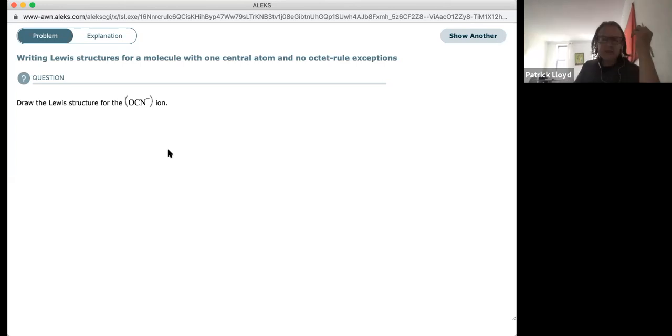This one's OCN minus. I'm not even sure what the name of that ion is. OCN minus. So see how there's 3 atoms? It's not like O2CN2, it's just OCN, so 3 atoms. So if you just have 3 atoms like HCN or NaCN, you just draw them in a row. Just draw those 3 in a row. Okay, so OCN minus.